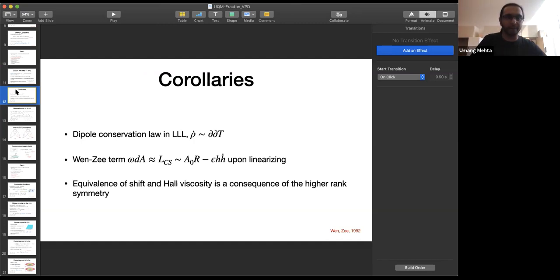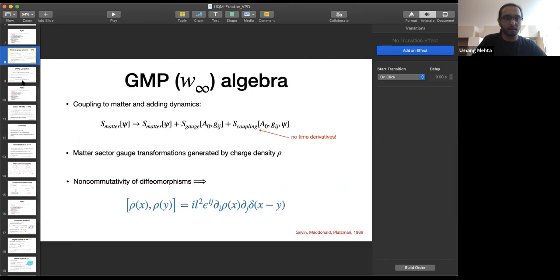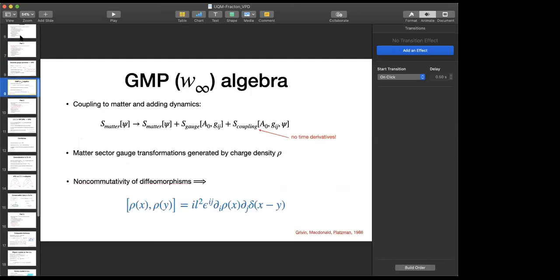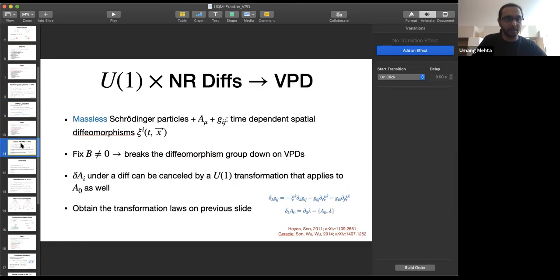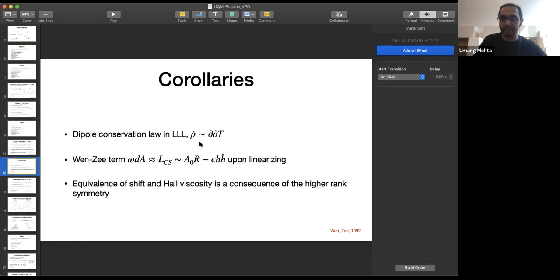By quadrupole conservation, you mean like the integral of x squared rho, something like that. Right. So that should also be obtained just from this equation. By dipole conservation law, I meant this particular local form of the conservation law. Integrating this with x squared results in the same thing.